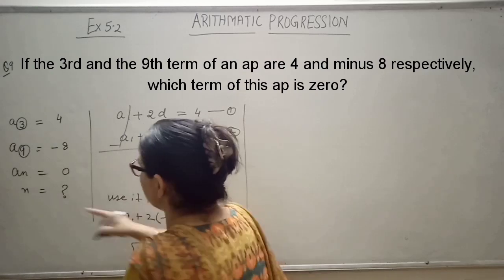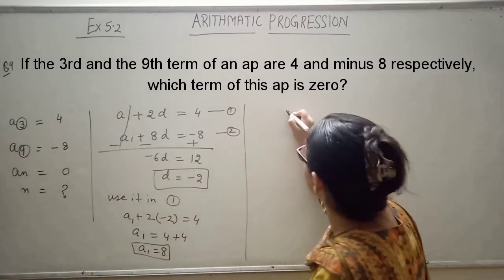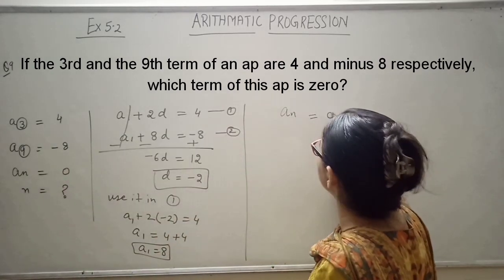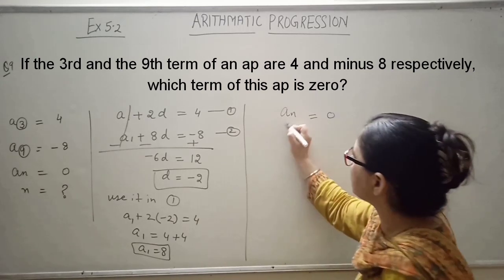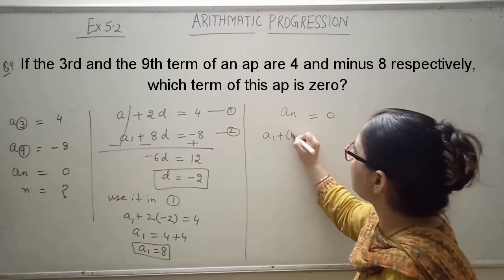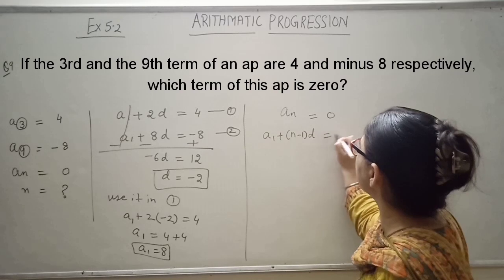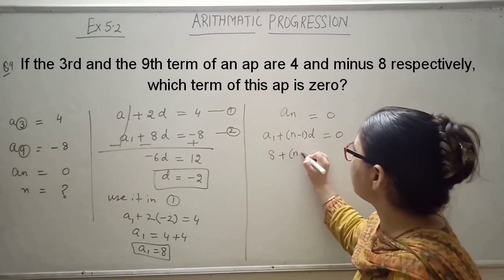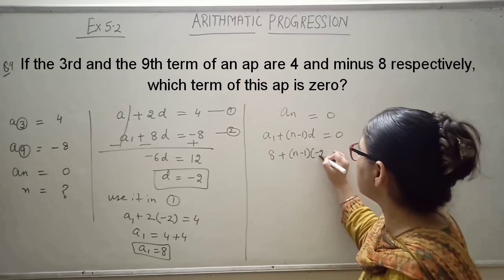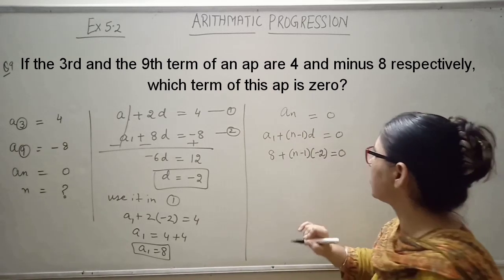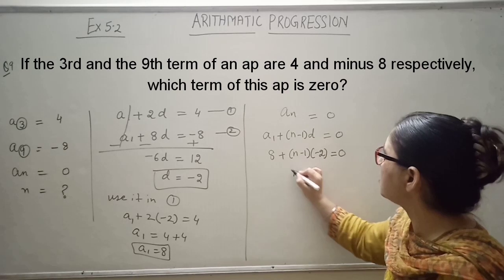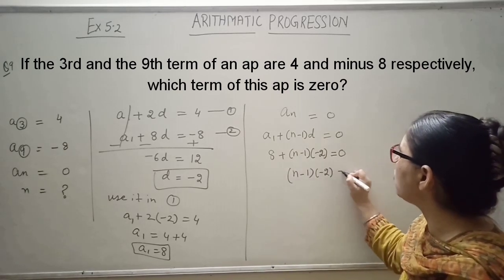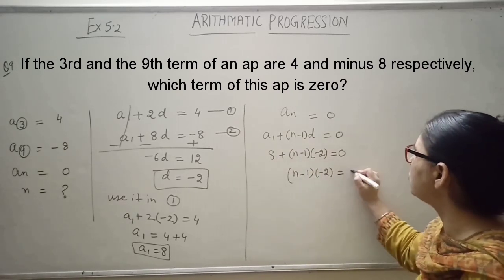Now we have been given an is equal to 0. So when an is equal to 0, what is the formula for this? A1 plus n minus 1 into d. Absolutely right. So A1 is 8. Put the values of A1 and d. And d is minus 2, equal to 0. So n minus 1 into minus 2 equals minus 8, as this 8 will go to this side.